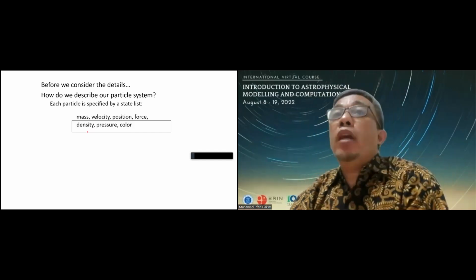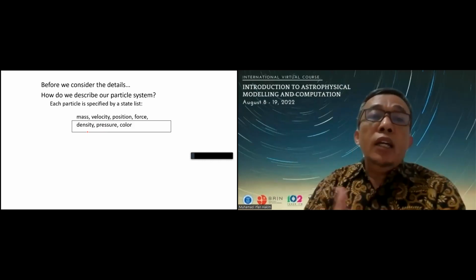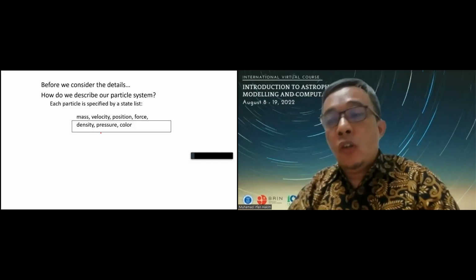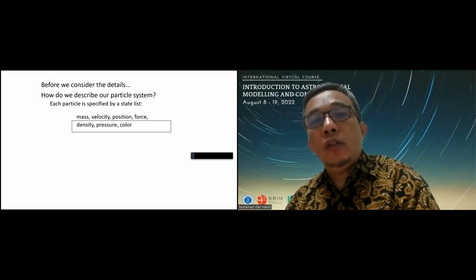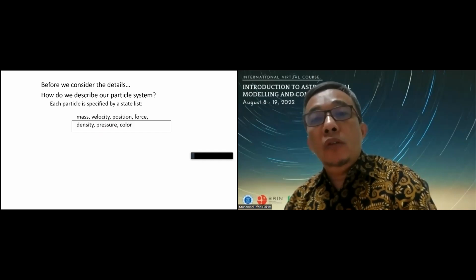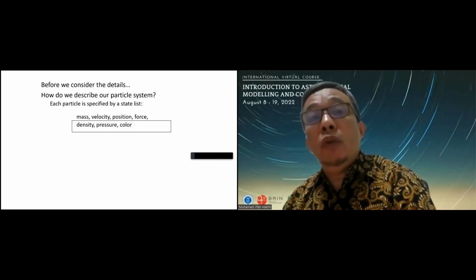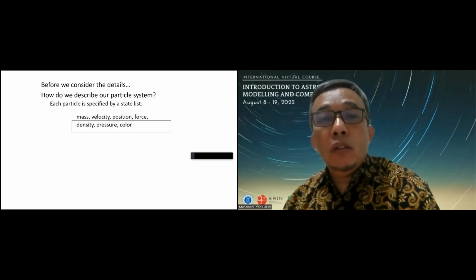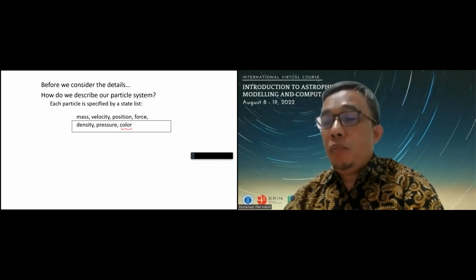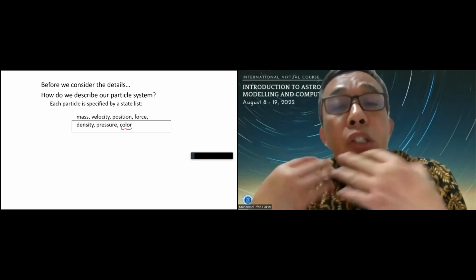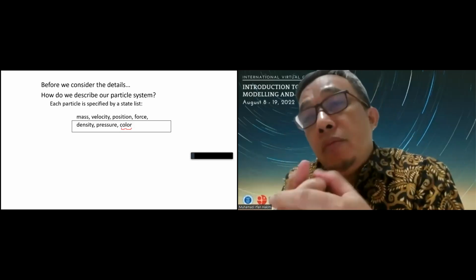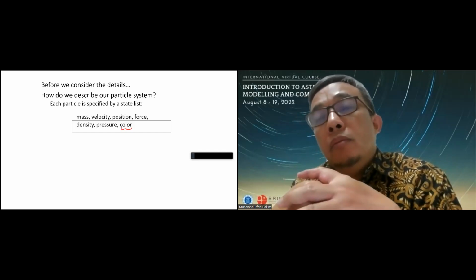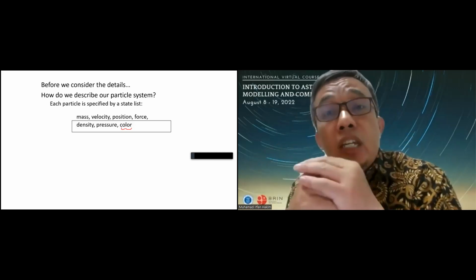The density inside the smoothing length, the pressure, because we approach these problems using hydrodynamics. And maybe you wonder, color, why? Because we need to visualize, especially in the boundary.